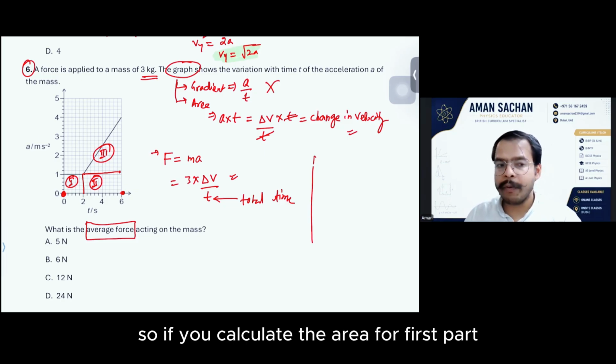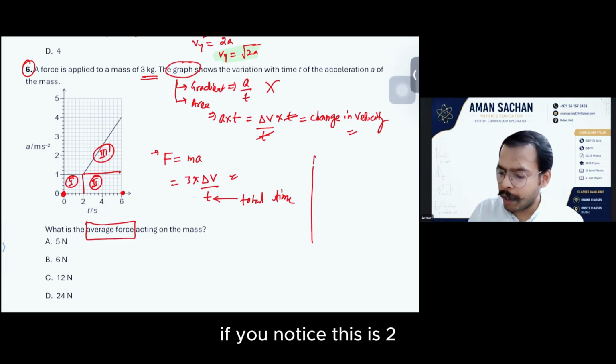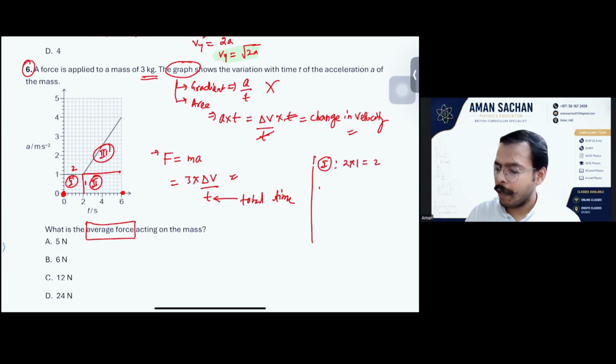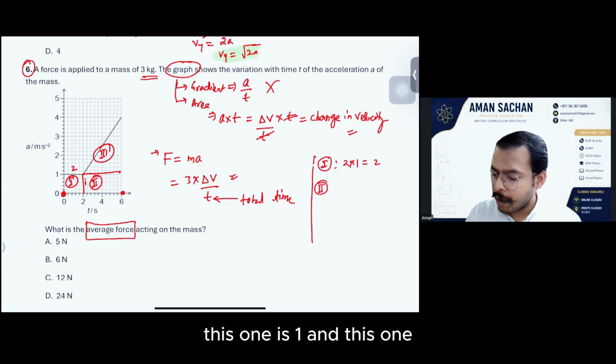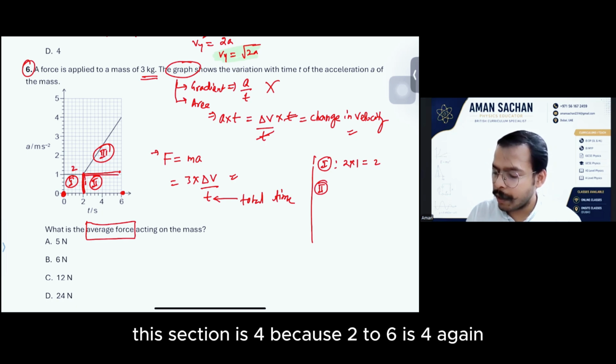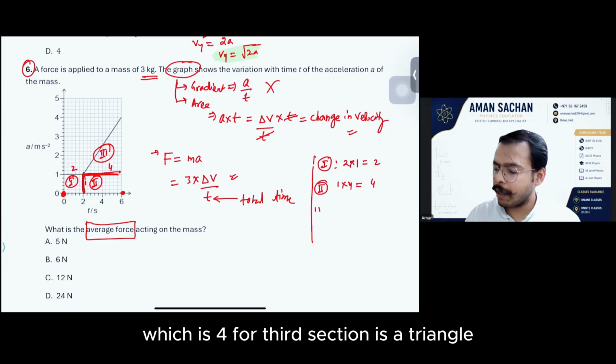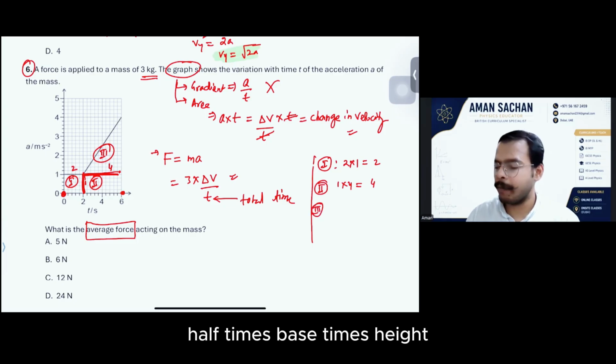So if you calculate the area for the first part, if you notice, this is 2, this is 1. So for the first, it is 2 times 1 for a rectangle, so it is 2. For the second one, this one is 1 and this section is 4 because 2 to 6 is 4. Again, it is 1 times 4, which is 4. The third section is a triangle, half times base times height.